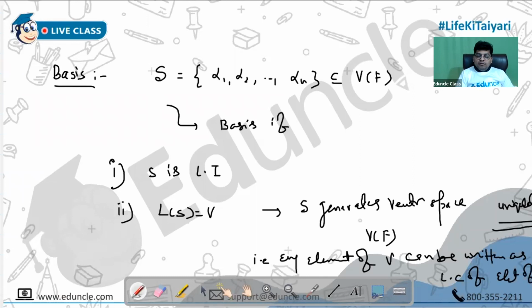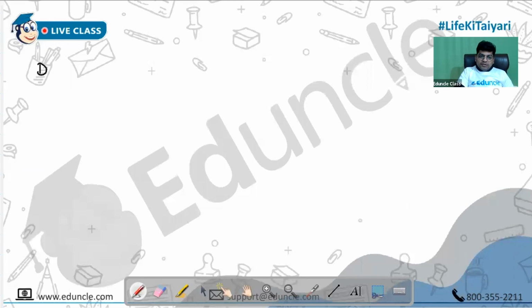LI, LD, subspaces, vector space, all this you know. And what is the meaning of dimension? You must understand the dimension also. The dimension of a vector space is the number of elements in a basis.